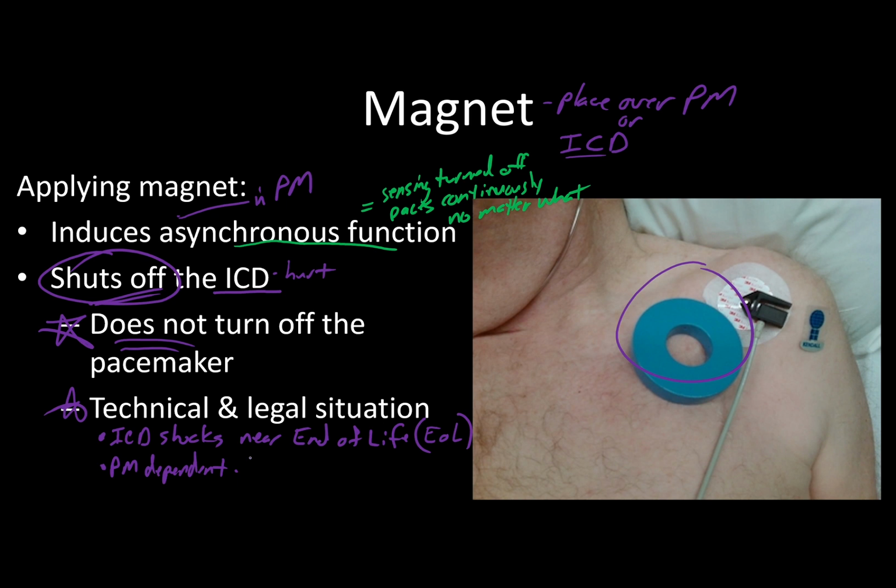From a hospice standpoint, we keep it running because having a beating heart is looked at as maintaining quality of life. And that person likely has a comorbidity that will be responsible for their demise, ultimately.